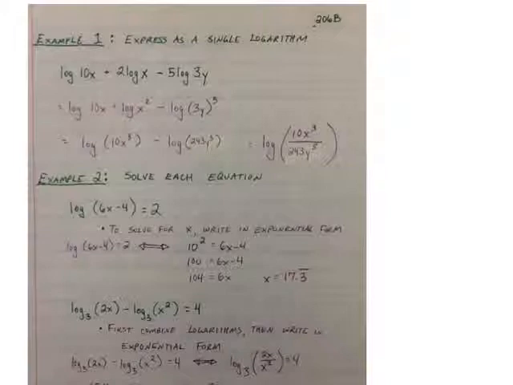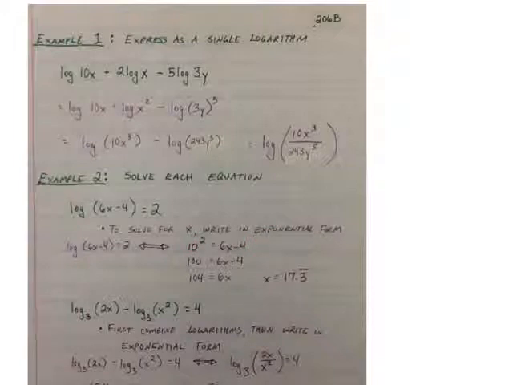Alright, for example 2, it says solve each equation, and this is more in line with what I think you should be able to do. What I've got here is log of 6x minus 4 equals 2, and very common if you have a single logarithm, the easy path to solve for x is to write it into exponential form. So I converted this problem stem into an exponential statement.